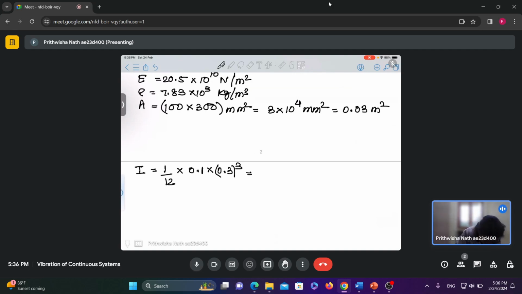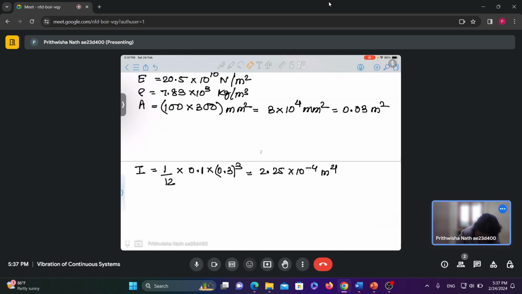So this is equal to 2.25 into 10 to the power minus 4.